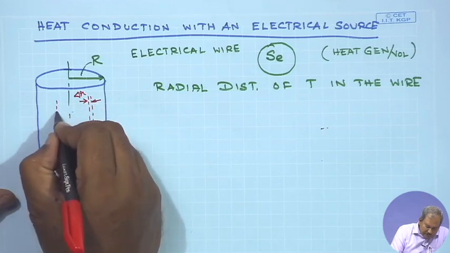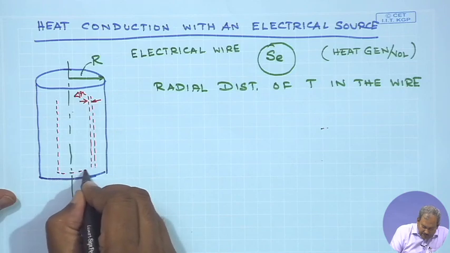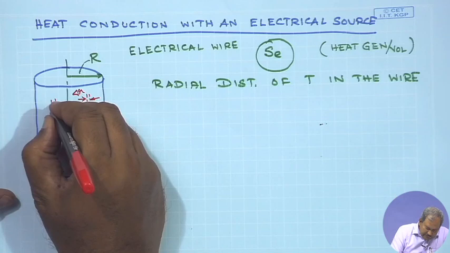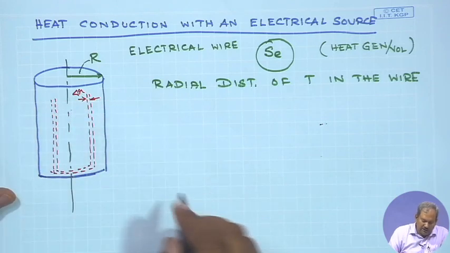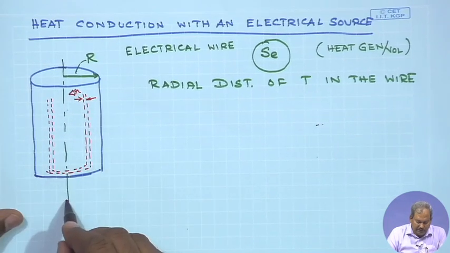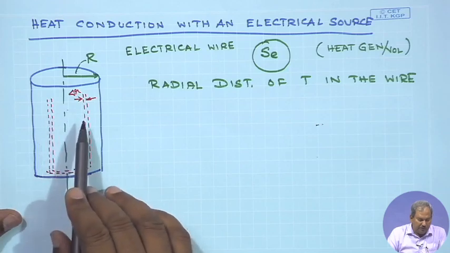So, this is the shell, a cylindrical shell, which is coaxial with the axis of the electric wire, and we are talking about this shell.